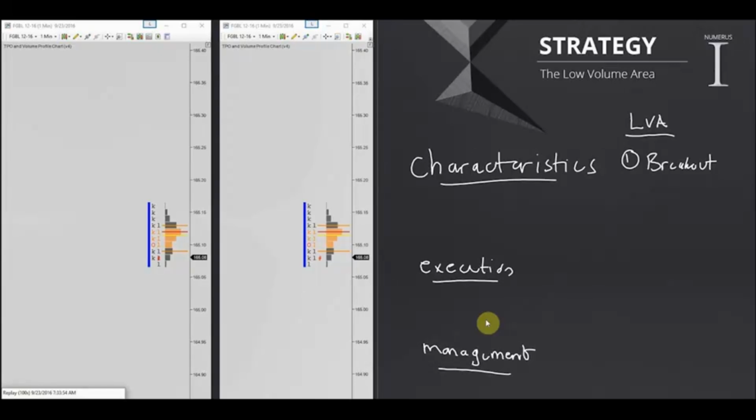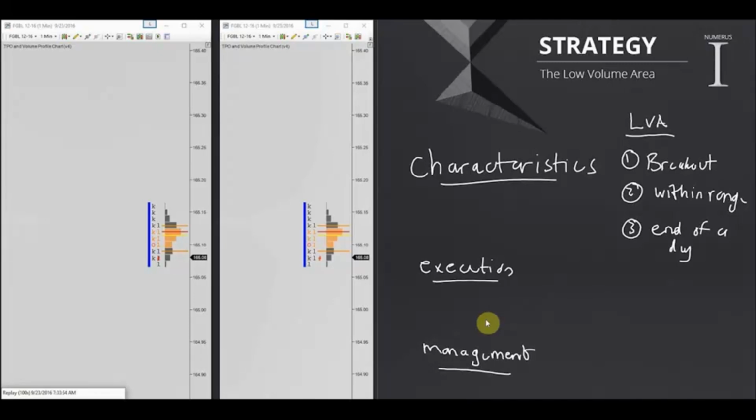The second one we spoke about was where we had a breakout within range. So within the previous day's range, the market left a low volume area. And then the third type was where we had a low volume area at the end of a day. Now, these are three various types of context that you'll find a low volume area strategy within.